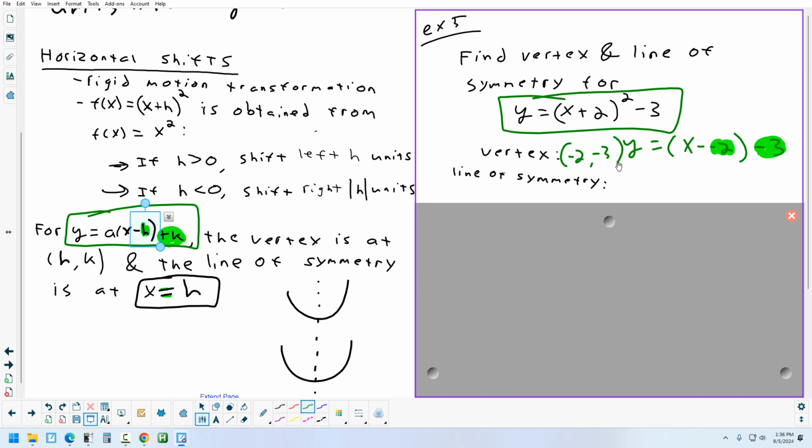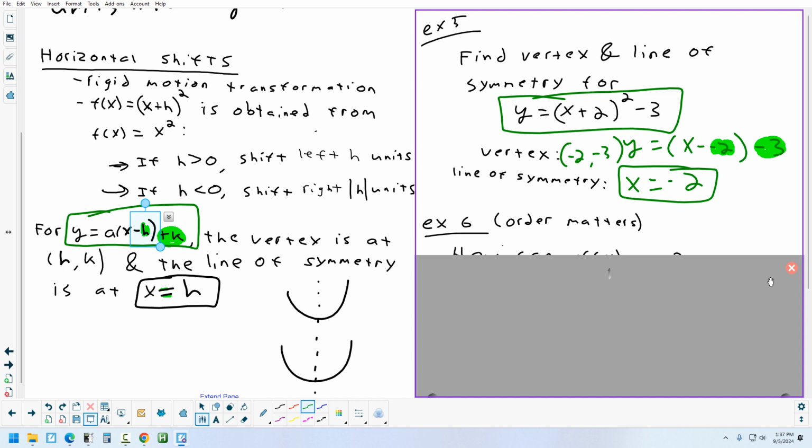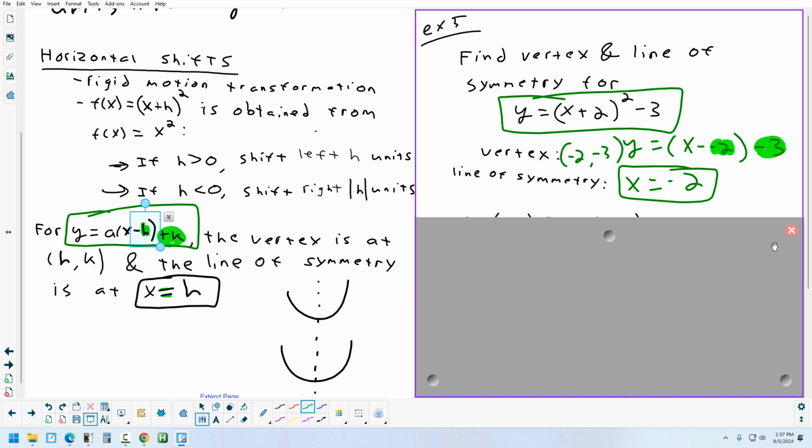Okay, line of symmetry, that's a vertical line. What letter do we always start with for a vertical line? Yep, x equals, and what number would go on the other side? -2. It's the number that's after the minus sign. -2. So that's how you find the vertex and line of symmetry for a parabola. Any question on that one?